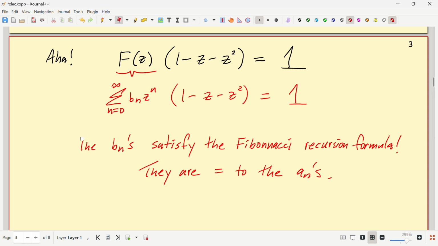So this is how we see. We have to write it out and do it. That's how you do that. Questions about that? That's a fun thing to do with power series. Yeah.